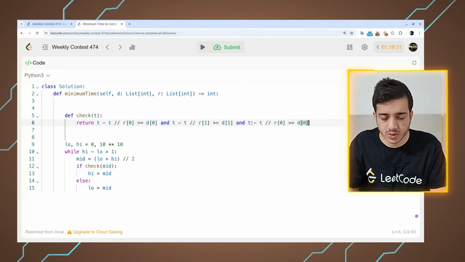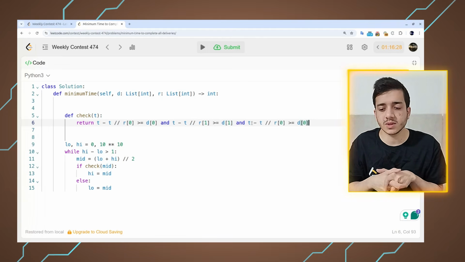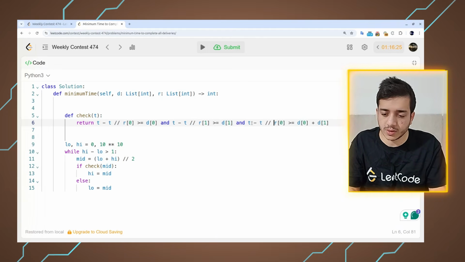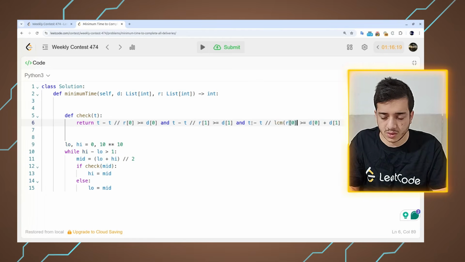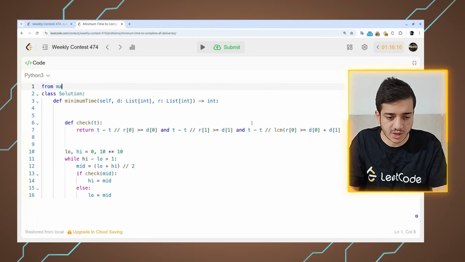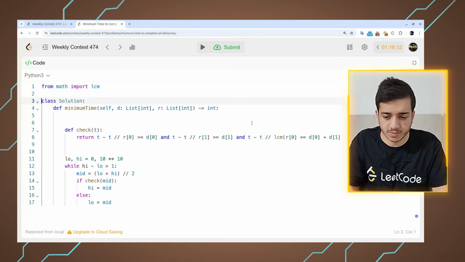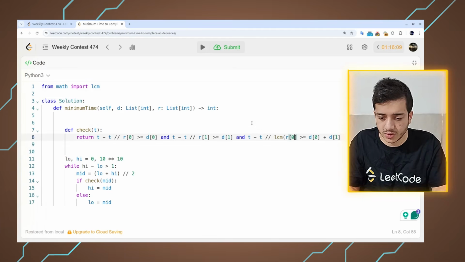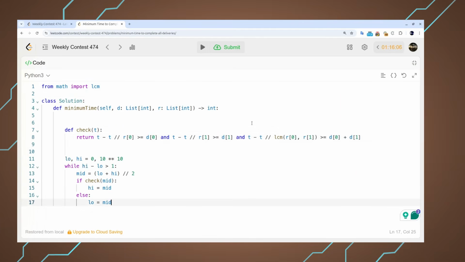And the same goes for the times when both of them are not available, which is just the LCM of R0 and R1, from math import lcm, and finally return high. Let me check.